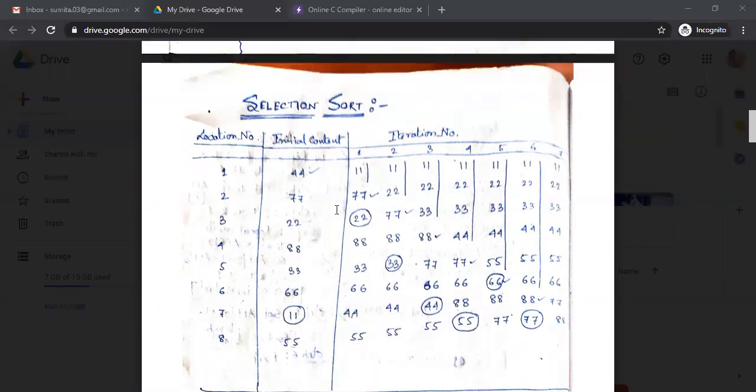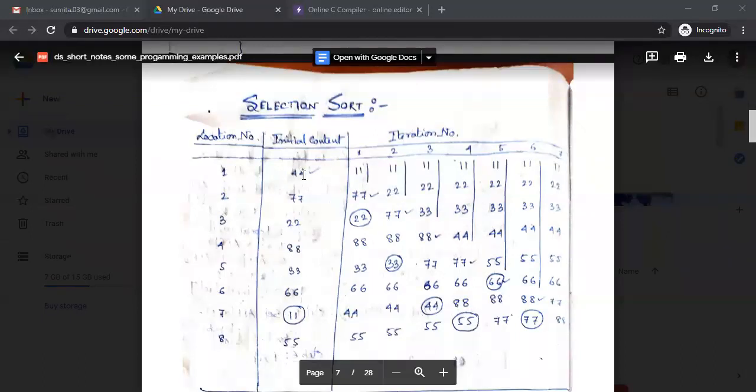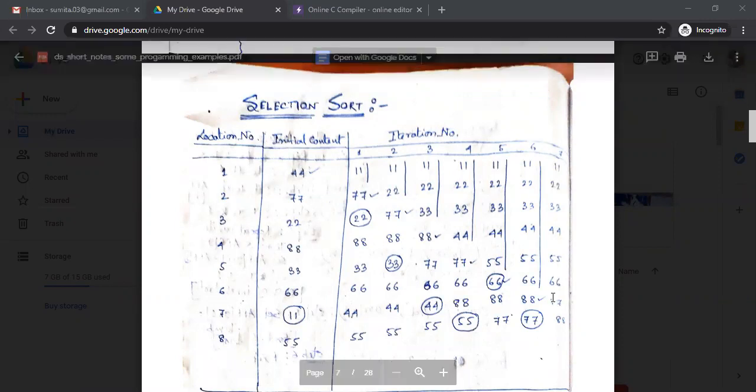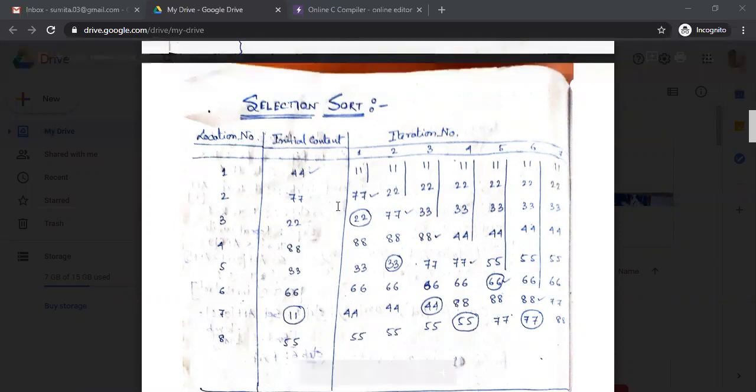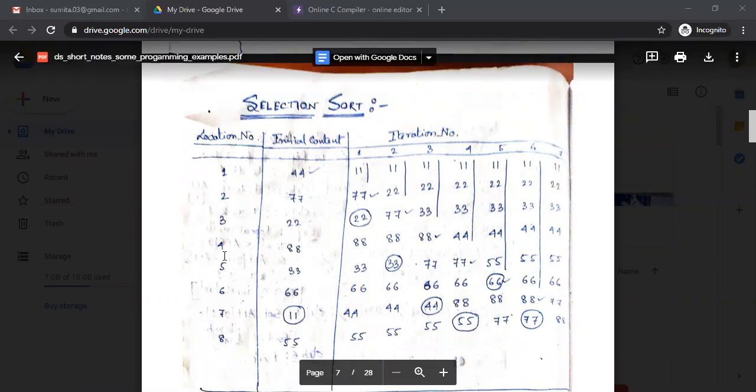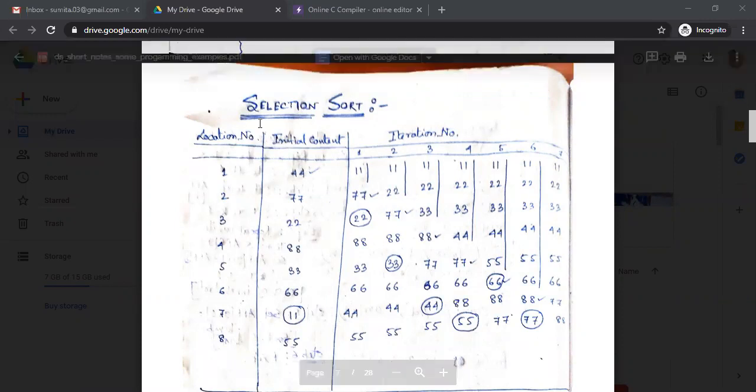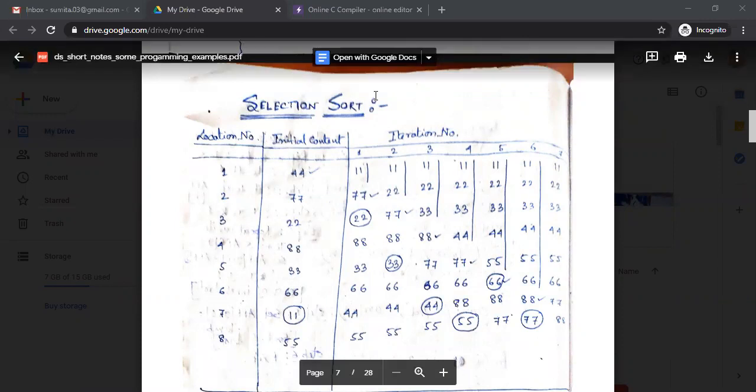Now we have to sort those elements in ascending order using selection sort, whatever your n value is.